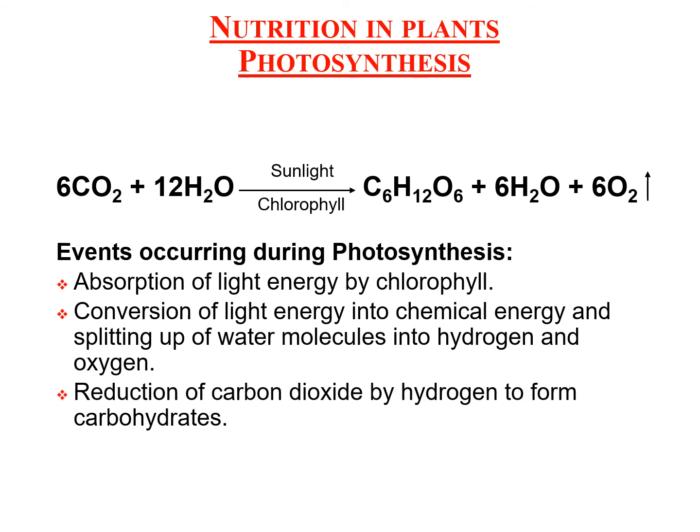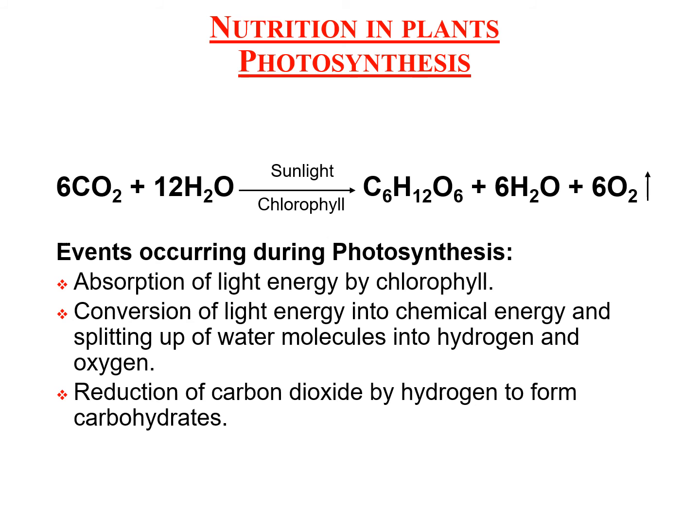And the last step is the reduction of carbon dioxide by hydrogen to form carbohydrate. The hydrogen formed by the splitting of water molecules is used up by carbon dioxide to form carbohydrate.